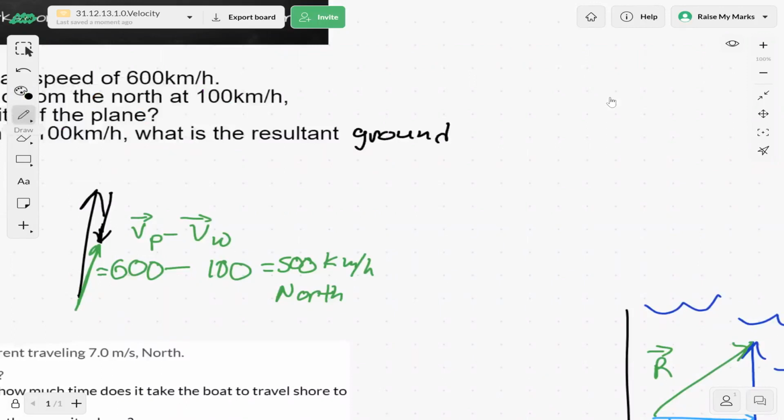In part B, our wind is now coming from the south at 100 kilometers per hour. Let's call this VW prime. So VW prime is actually heading in the same direction as the plane.